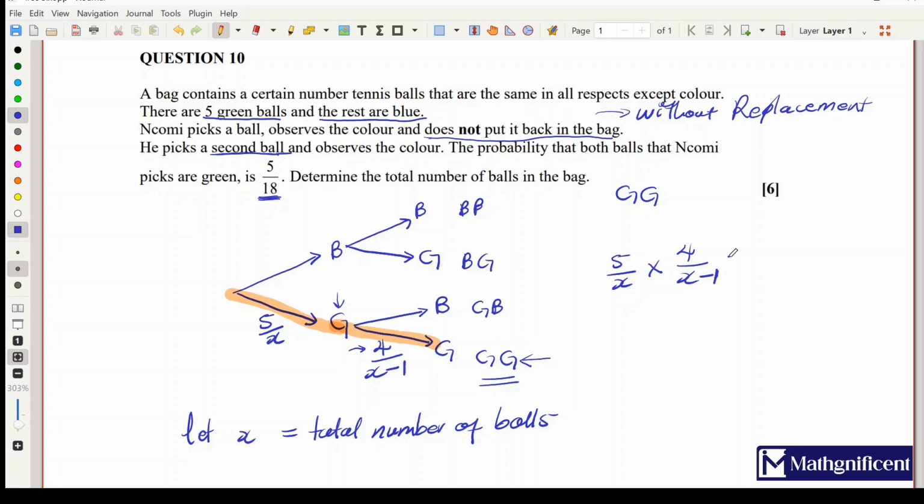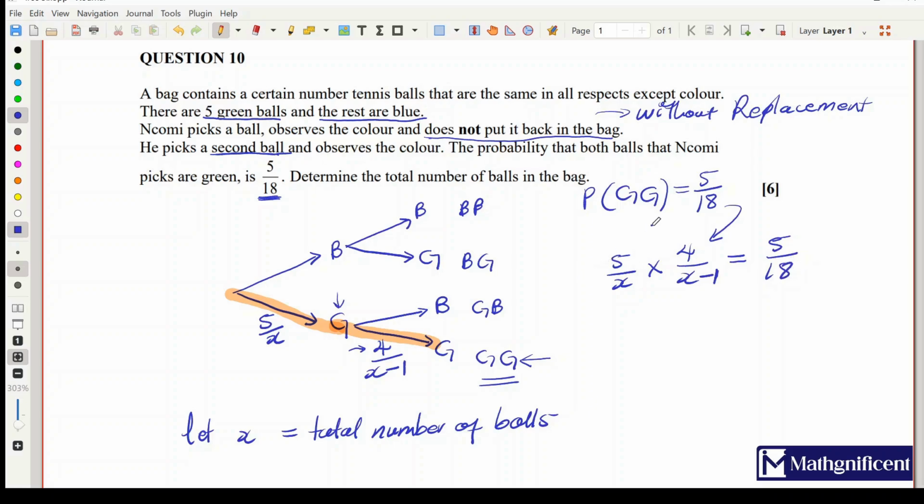And now, when we continue to find the next part here, remember we were told that the probability of selecting a green, then a green was what? It was 5 over 18, which would have been obtained this way. So it means that this part here is also equal to 5 over 18.